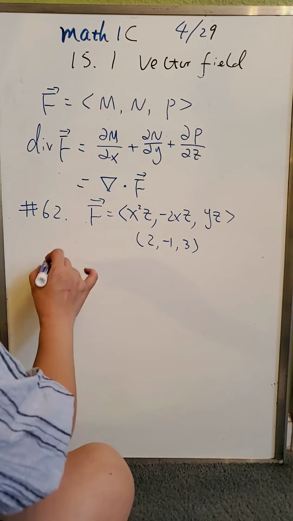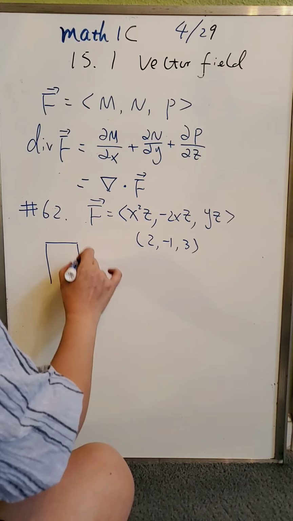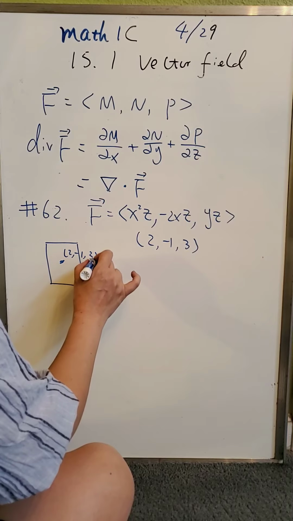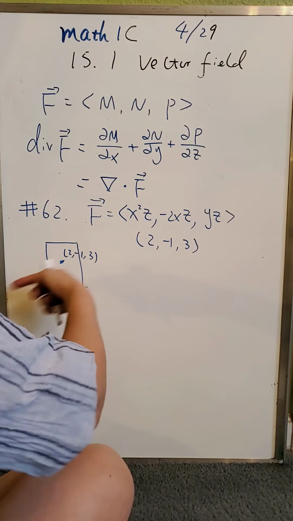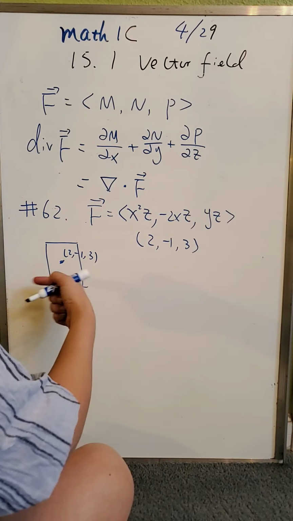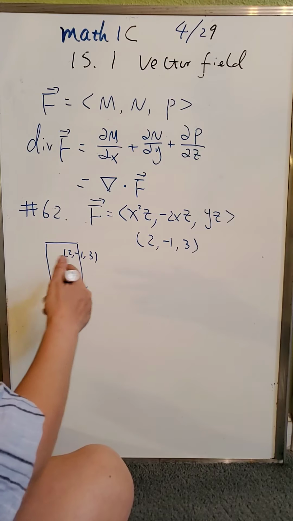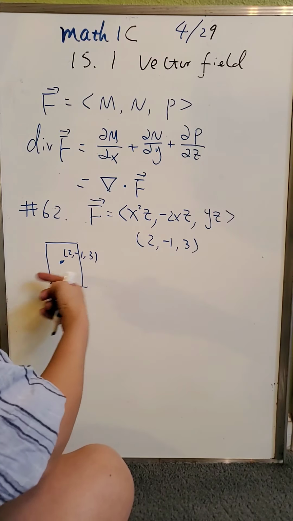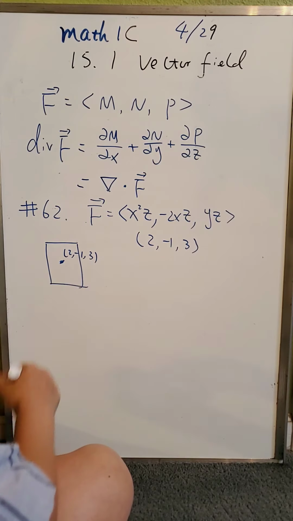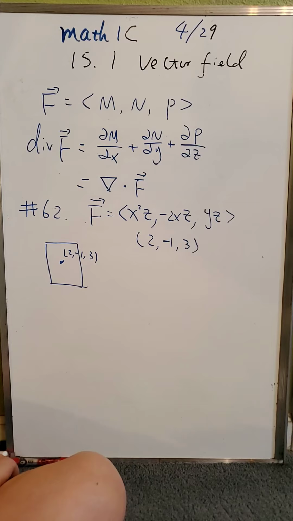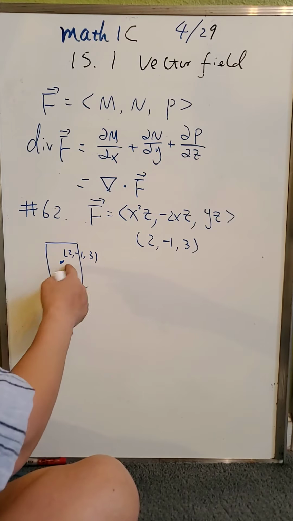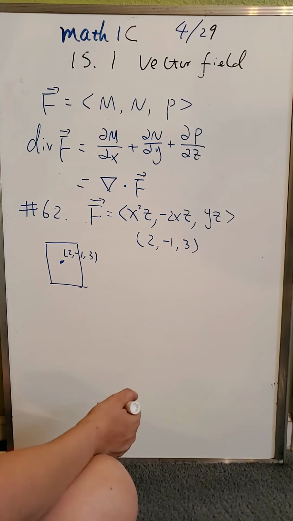Let's say this is my vector field, and this point is 2, negative 1, and 3. It means how much source comes out, like water coming out of this little hole, and what's the speed of change? That's basically the divergence, the flux changing as it comes out from this hole.